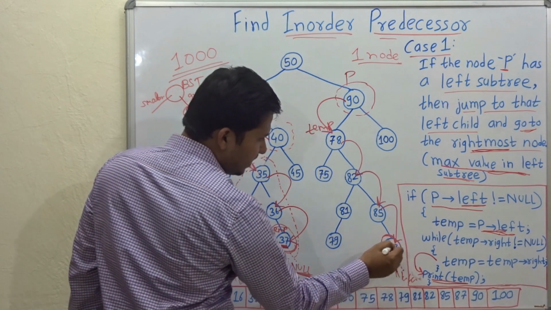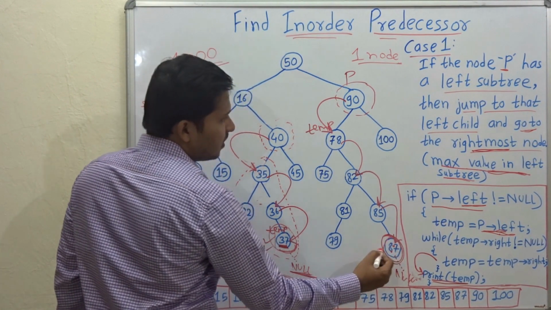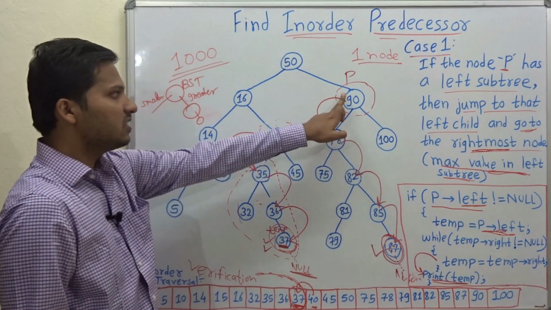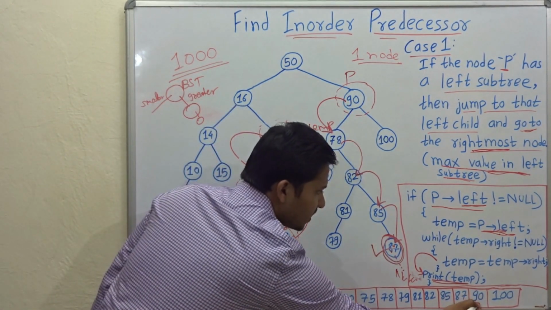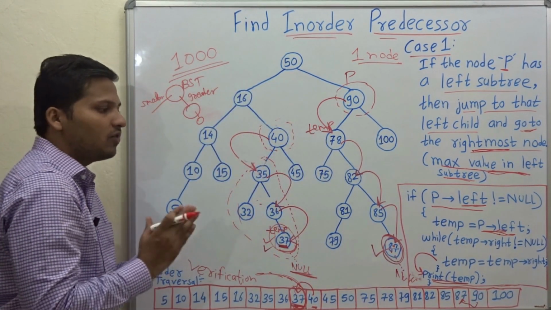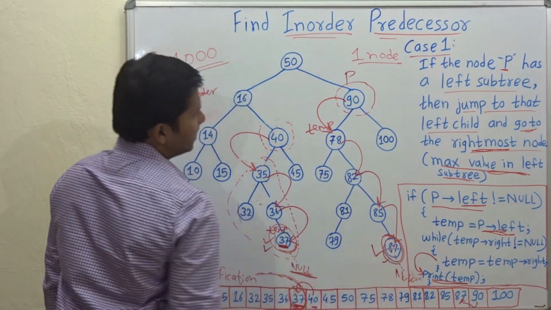So we stop here. We don't go to the right because that is null. So we stop here and we conclude this 87 as the predecessor for 90. So let's verify our answer here. Yes, 87 is the predecessor of 90. So our answer is correct. By our mechanism we have found out the correct answer.